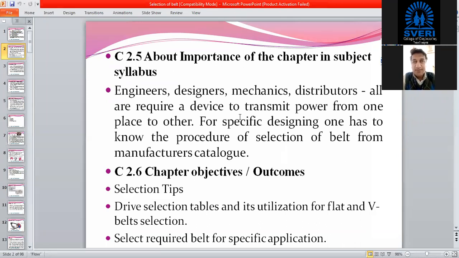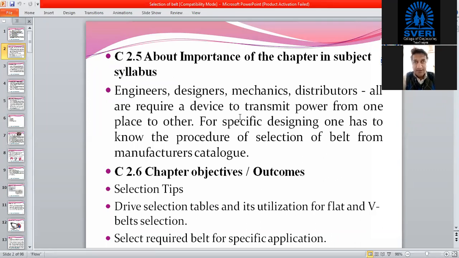Prime mover means where the power is generated or converted. If you take an electric motor, then electrical power is converted into mechanical power. If you take the example of an IC engine, then chemical power is converted into mechanical power, right? That energy conversion is taking place, and that power is transmitted to the required place where it is utilized, and we can run the machinery.